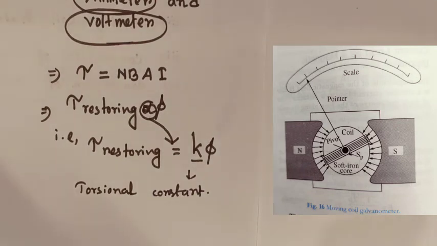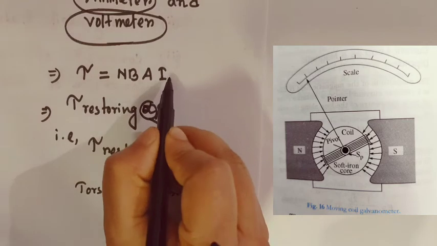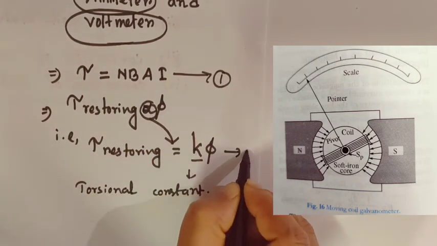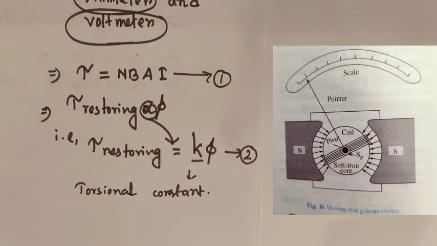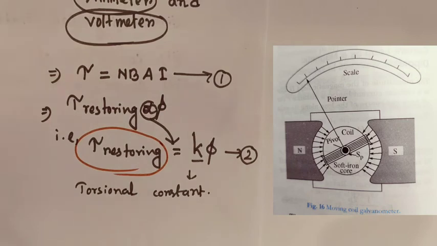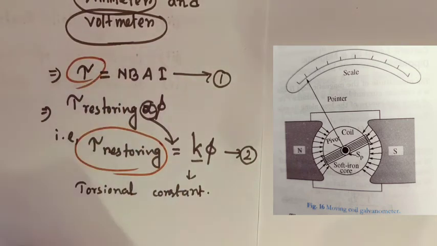Now the coil comes to equilibrium when the restoring torque balances the deflecting torque due to the magnetic field. So suppose this is our equation number 1 and this is our equation number 2. The coil comes to equilibrium when the restoring torque balances the deflecting torque.